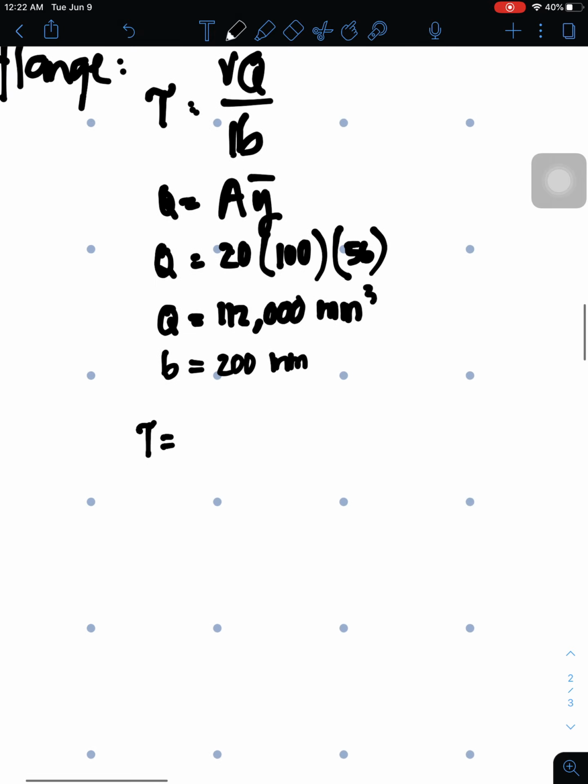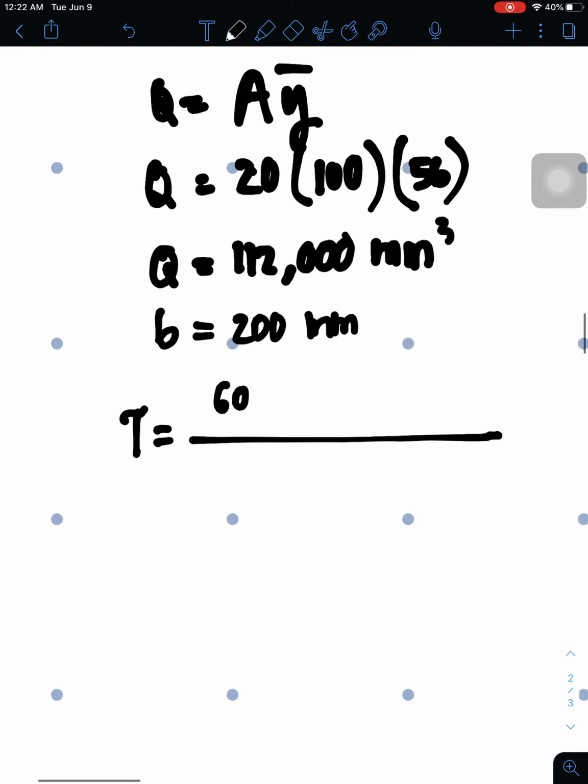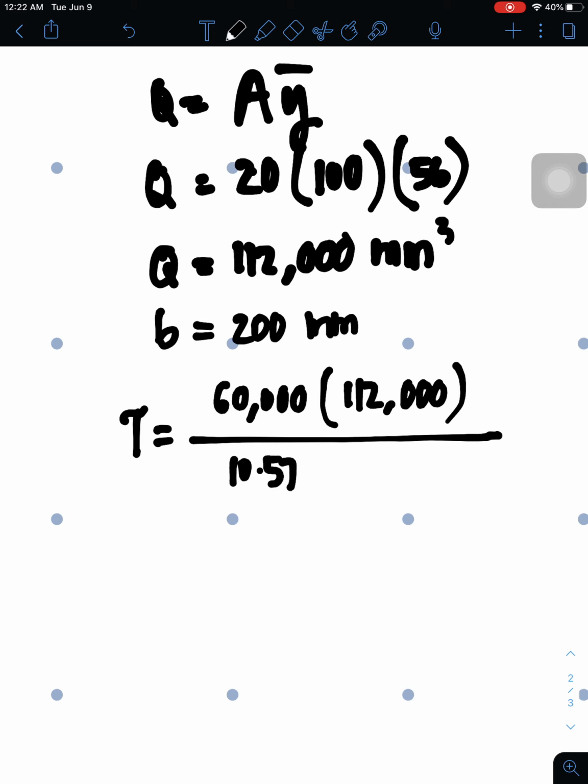Then let's substitute. So at the flange, the stress is 60,000 times 112,000 divided by 10.57, the same moment of inertia, times 10 to the 6th, times the base of 200.